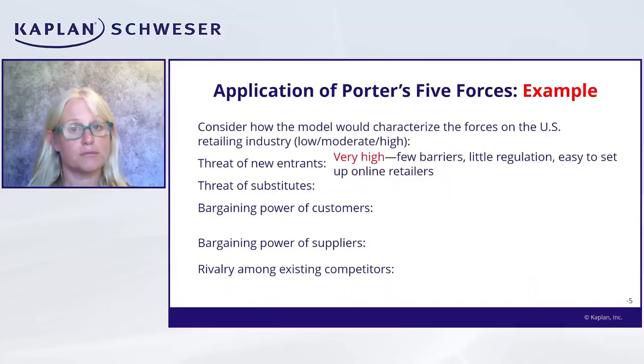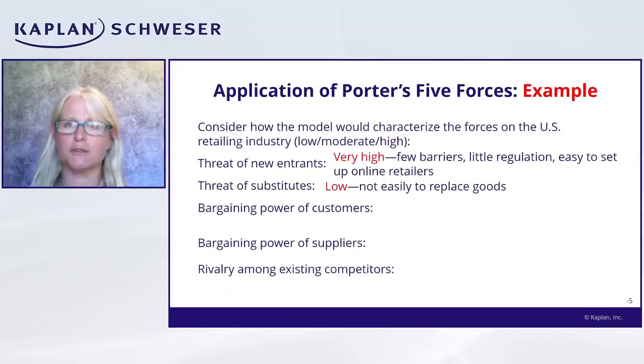Okay, so threat of new entrants, we'd say high, very high. It's very easy for someone to start up as a retailer in the US, relatively small. There's not high capital requirements or, as I say, lots of regulatory burdens and things. So threat of new entrants, pretty high.